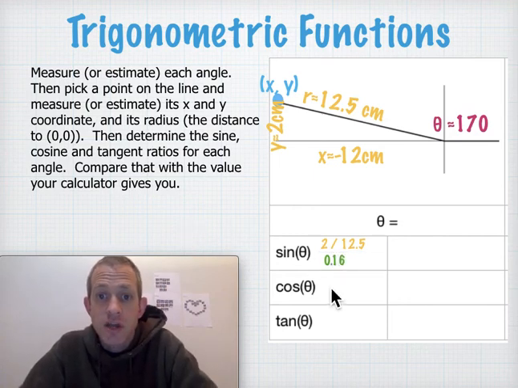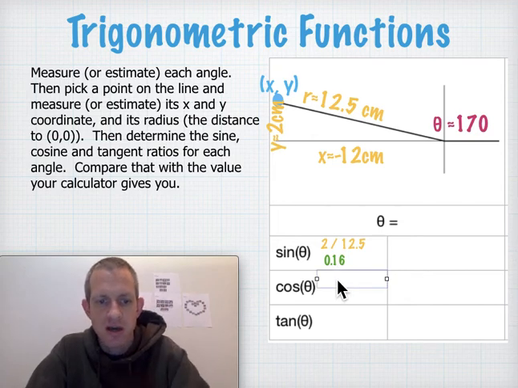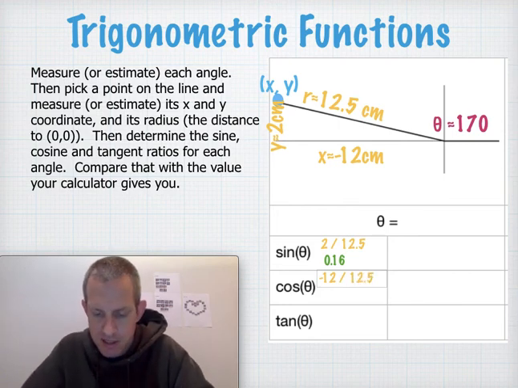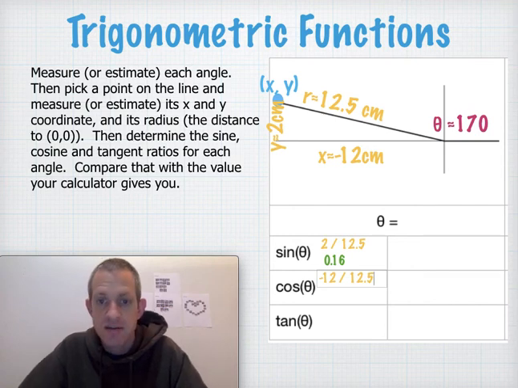And if we wanted to know what the cosine of the angle is, we could take its x coordinate and divide it by its radius. And so that would be negative 12 divided by 12.5. And again, on a calculator, negative 12 divided by 12.5 is negative 0.96.